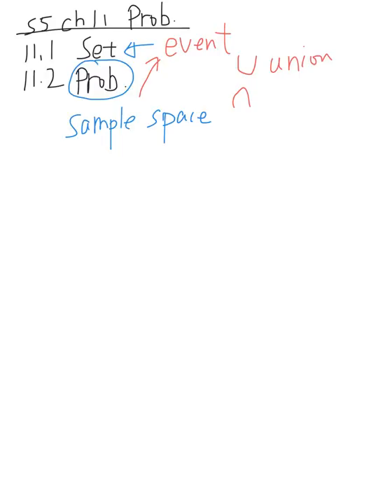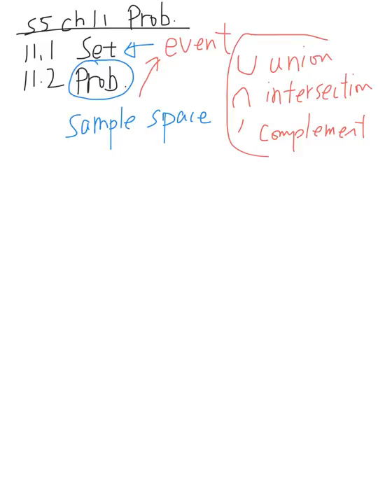Another notation is intersection. And also another one is called the complement, representing the relationships between different kinds of events. So I will illustrate it using an example.